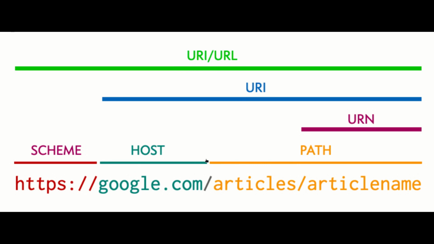We can fetch data from the URL or URI, and based on those data, switch on the content. For example, it can say if path is first, go to the first server. If path is 2, go to the second server. Let's go and see what it is.